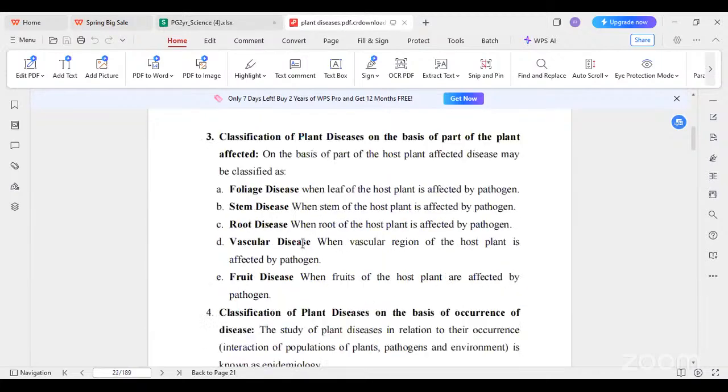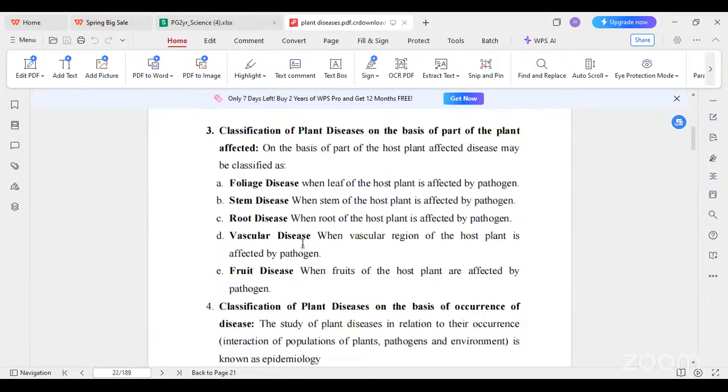The third one, classification of plant disease on the basis of the part of the plant affected. On the basis of the part of the host plant affected, diseases may be classified as foliage disease, stem disease, root disease, vascular disease, and fruit disease. The first one is the foliage disease.